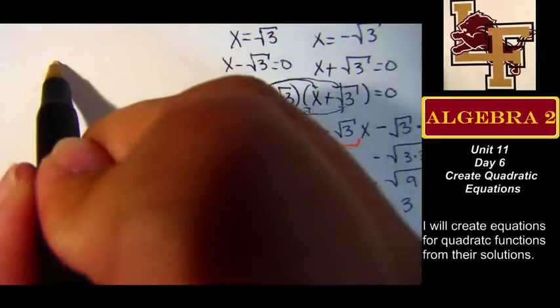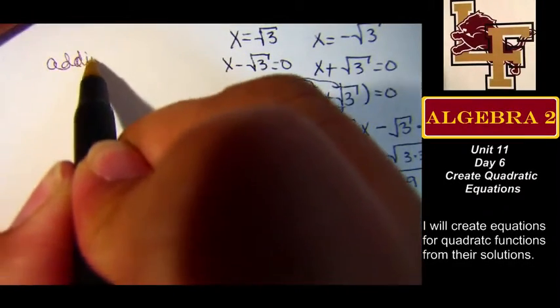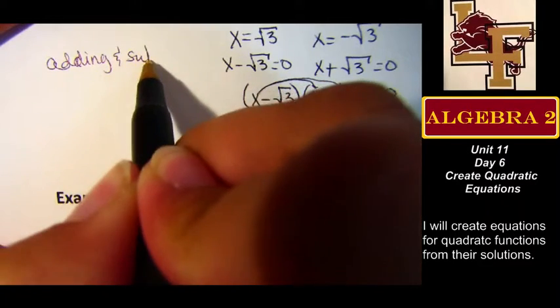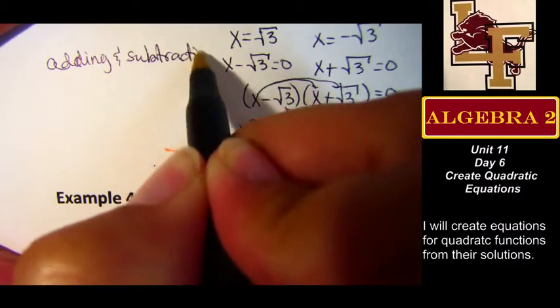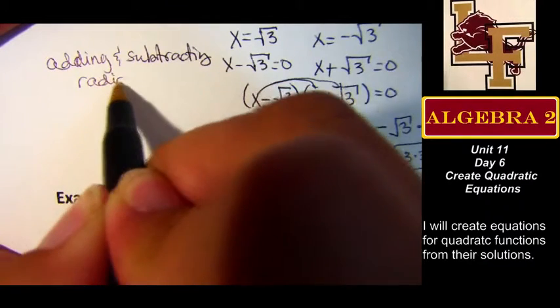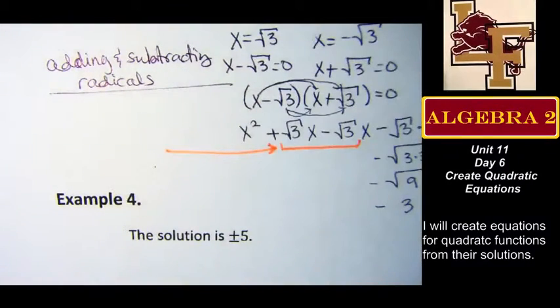This is adding and subtracting radicals. To add and subtract radicals, it's going to feel a lot like combining like terms. To combine like terms, you had to have the same variables, and those variables had to have the same index, right?